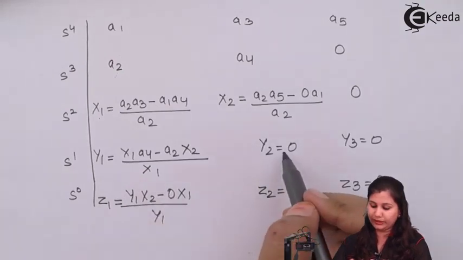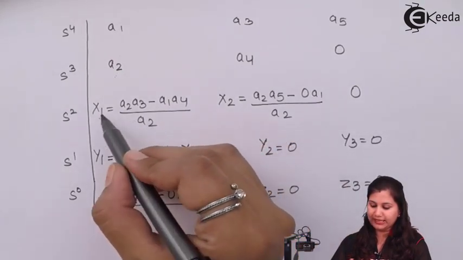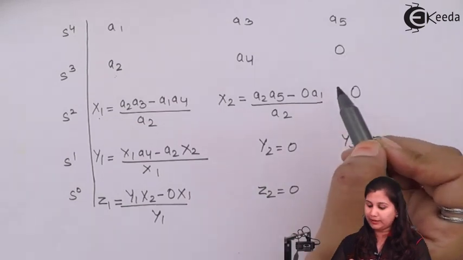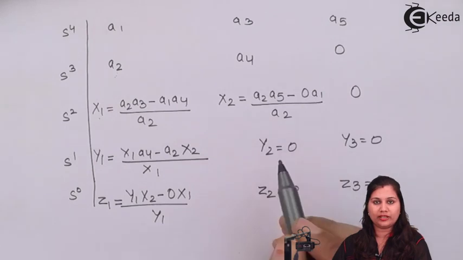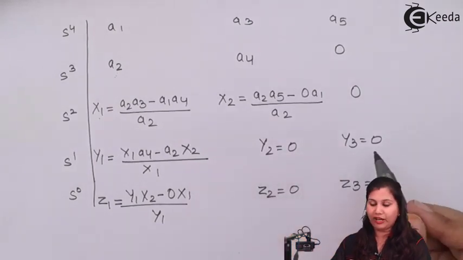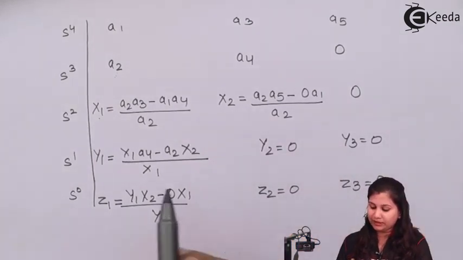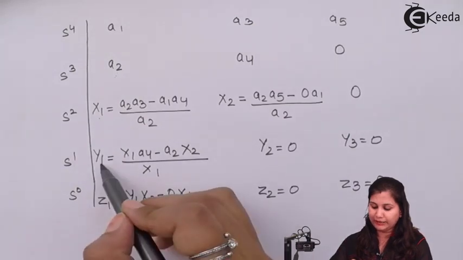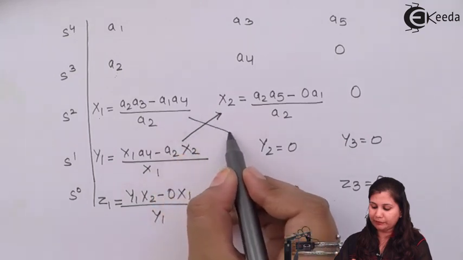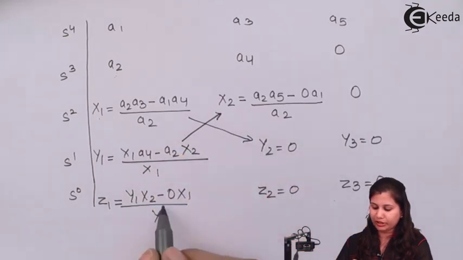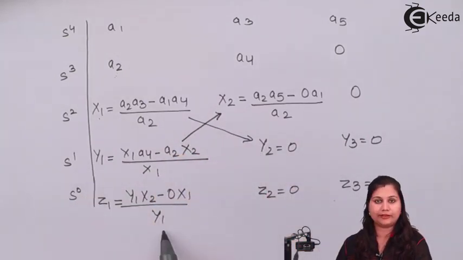Then y2 will be, if we multiply this x1 with 0 minus 0 with a2, the answer will be 0. So here 0 is written. Then y3 will be 0. Similarly z1 will be, we have to multiply y1 with x2 minus x1 multiplied with 0, and divided by y1.